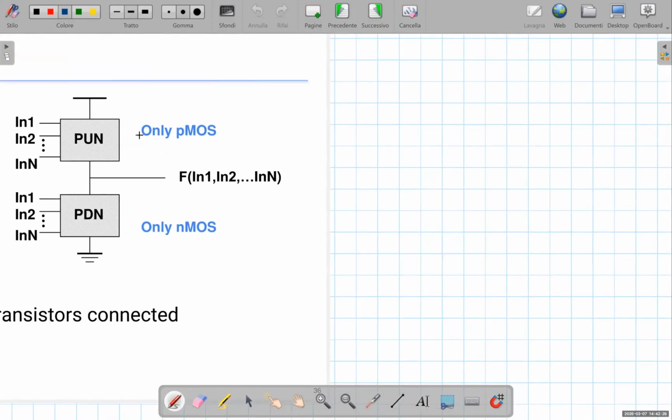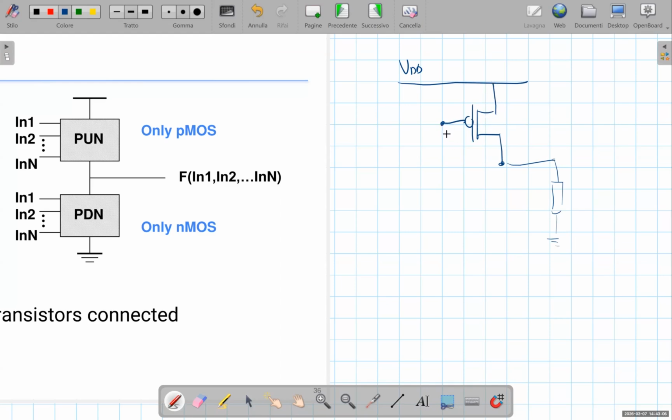Actually, one important remark is that in the pull-up network, we can just use PMOS devices, while in the pull-down network, we can just use NMOS devices. Let me try to explain why. Let's focus on the pull-up network. If we have in the pull-up network a PMOS device, this is VDD, and this is a generic load here. This is a pull-up device.